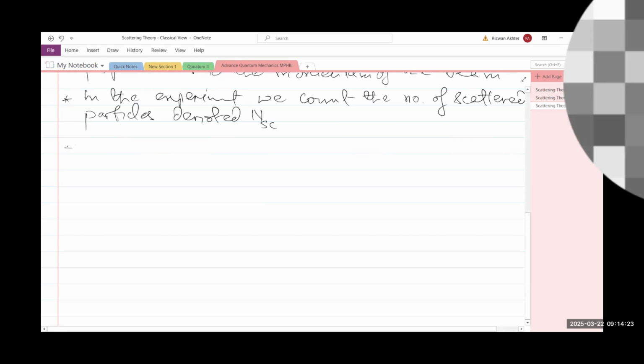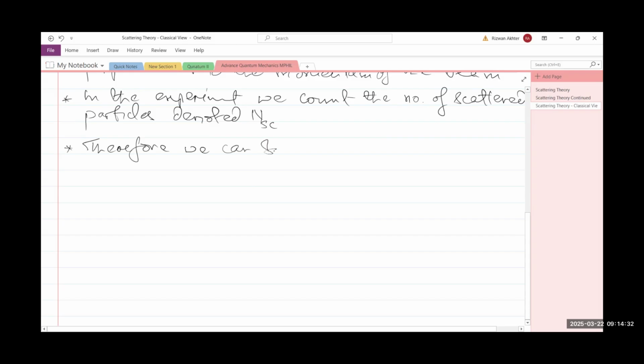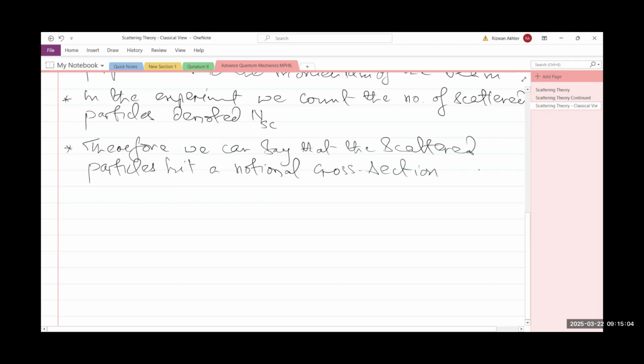So one could say, therefore, that the scattered particles hit a notional cross-section area, which we imagined, denoted by sigma.